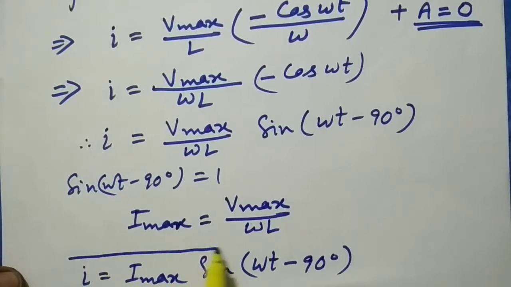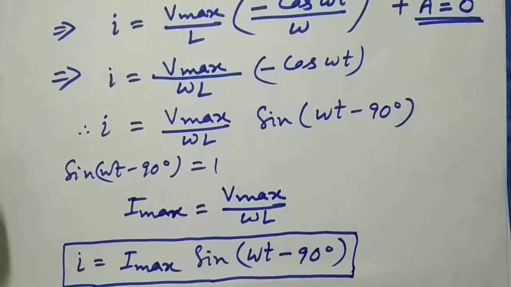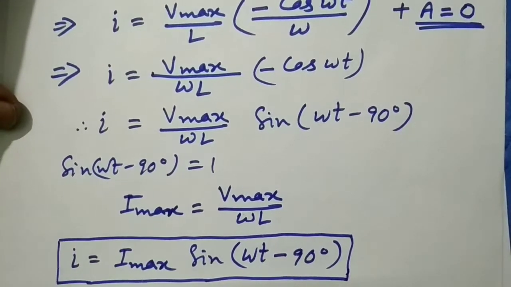So this will be the expression of the current that will flow in a purely inductive circuit if we apply V equal to V max sine omega t.